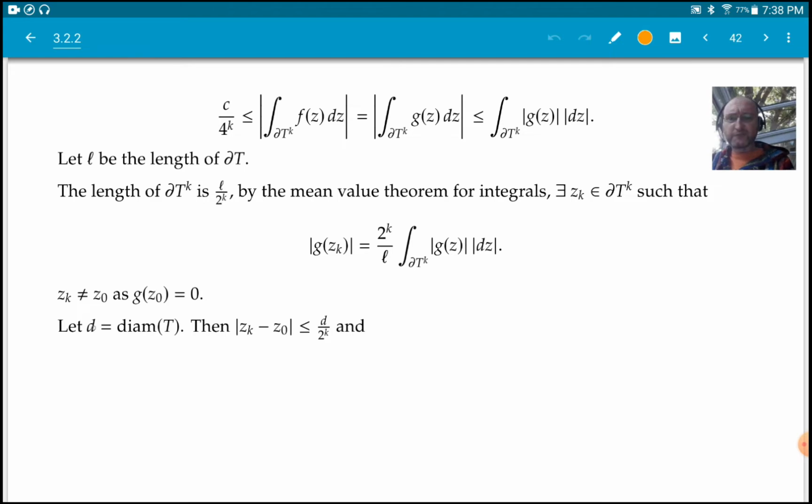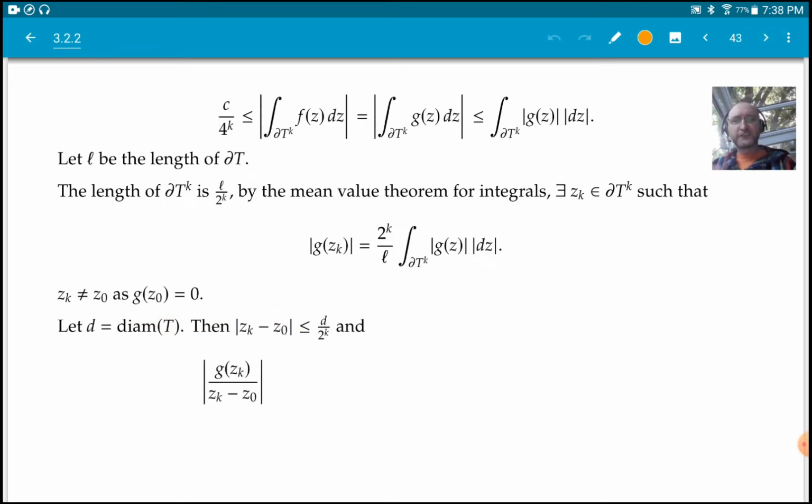Now, just to make things simpler, let me call d the diameter of the original triangle. Because zk is on the kth triangle, and d over 2 to the k is the diameter of the kth triangle, we get that the distance from zk to z0 is at most d over 2^k.